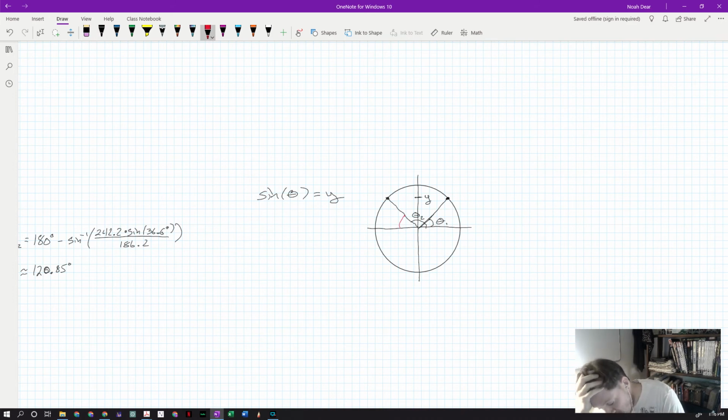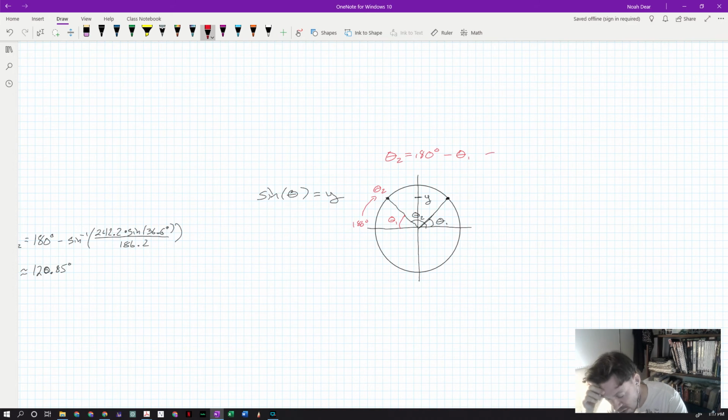But theta 1 also shows up right here, and this is 180 degrees, so subtracting theta 1 from 180 degrees gets us to theta 2. So theta 2 equals 180 degrees minus theta 1. And that works in reverse also. I could say that if I took 180 degrees and subtracted theta 2, I would get theta 1.